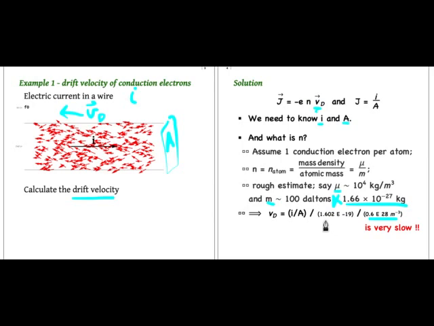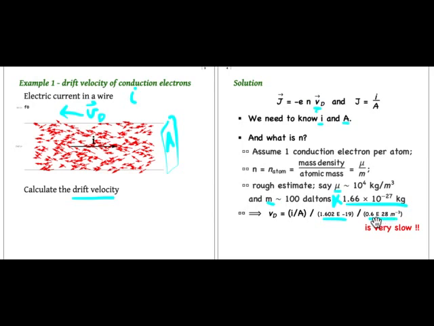Well, again, I'm just making a kind of a rough estimate. I and A will be of order 1 in standard units. You might have 1 amp and, I don't know, 1 centimeter squared. So I and A will be numbers not far away from 1. e, of course, is much less than 1. I'll divide by that.